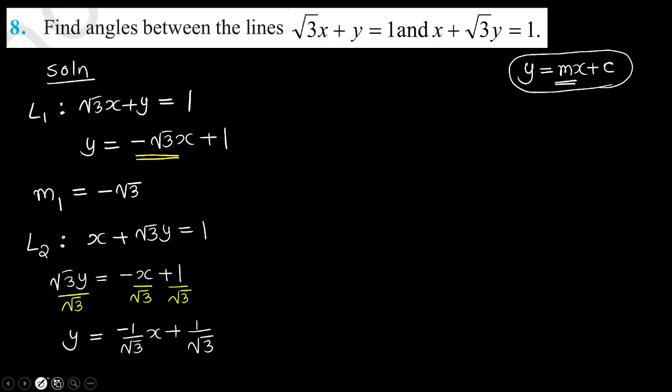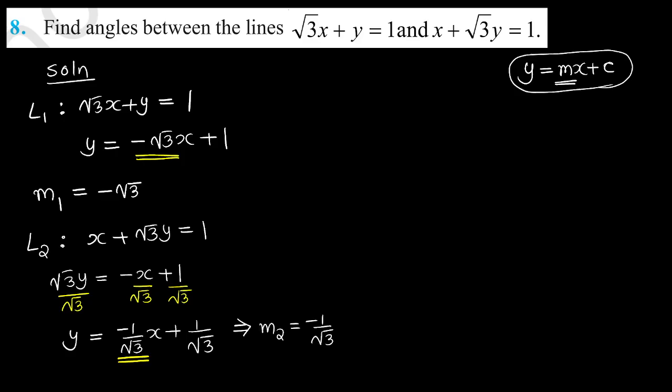This is the y equal to mx plus c form, so the slope of the second line m2 will be minus 1 by root 3. All these steps are to be written. The slopes are needed.